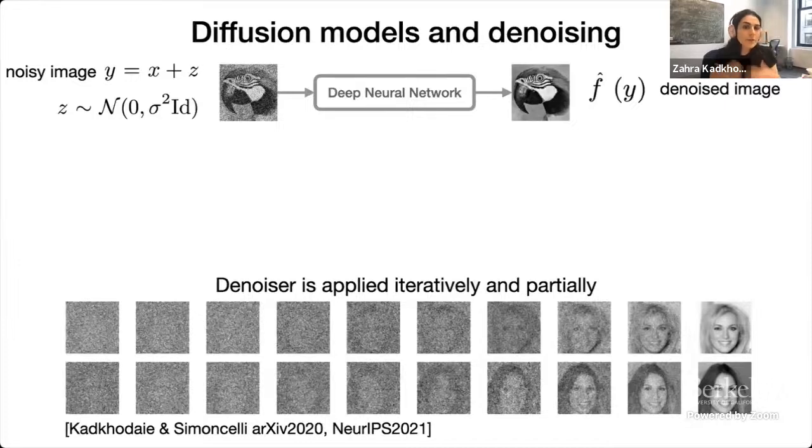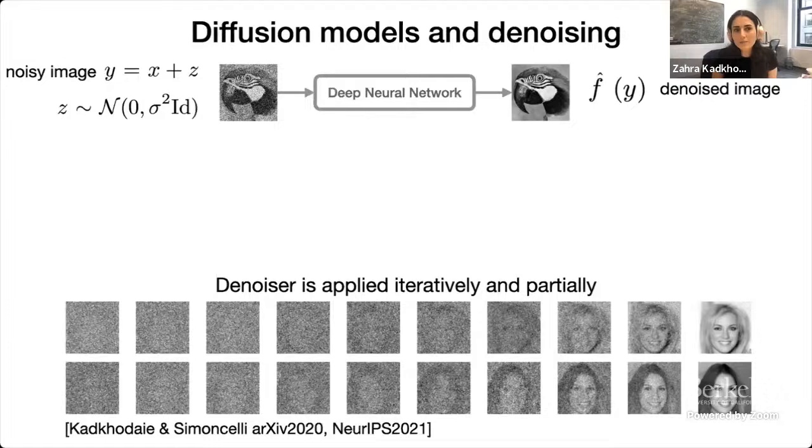So then, after the training is completed, this denoiser is applied to an initial sample of noise iteratively and partially until an image is generated. So here I'm showing an example from a denoiser that has been trained on a face data set.